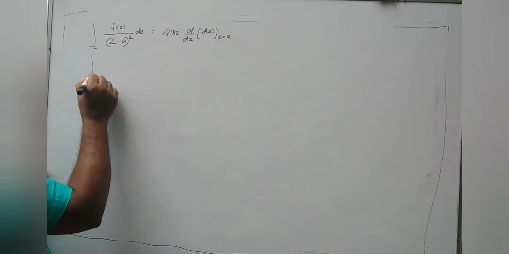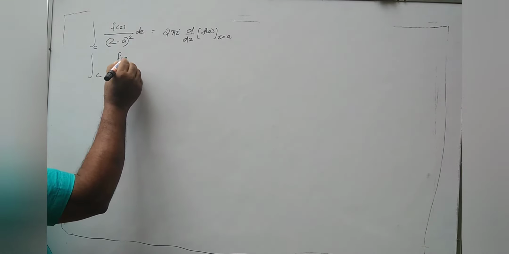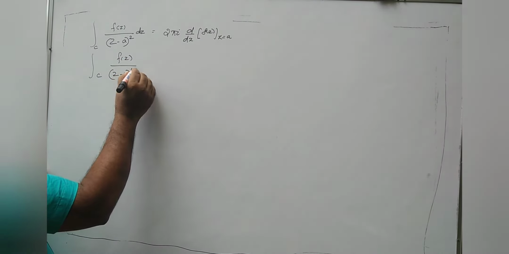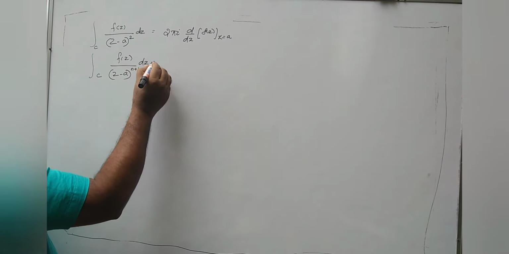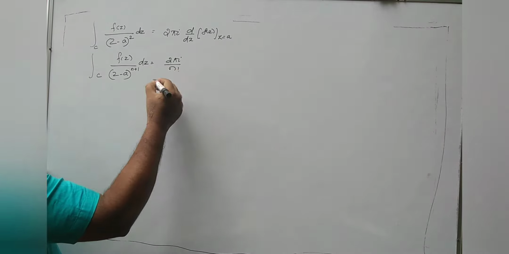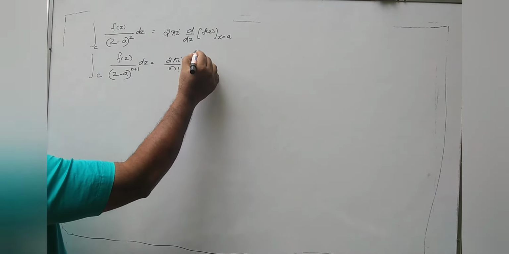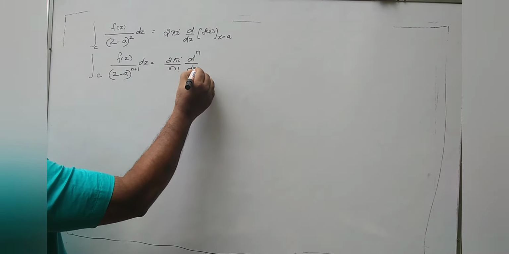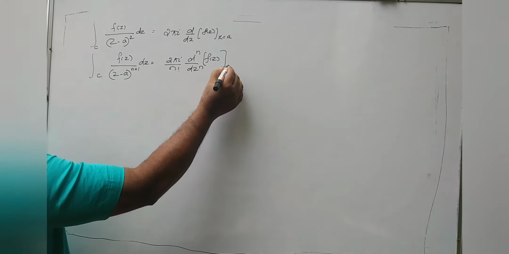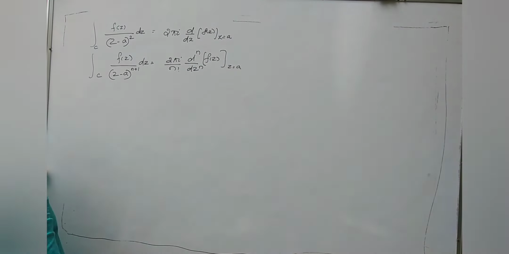So in general we can write the integral of f(z) by (z minus a) whole power n plus 1 dz is equal to 2πi by n factorial into d power n by dz power n of f(z) at z equal to a.